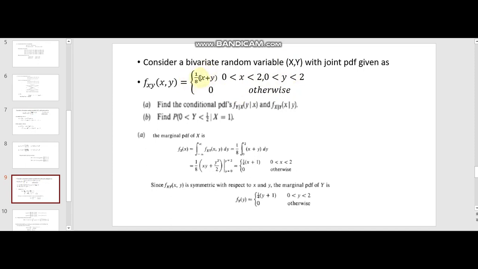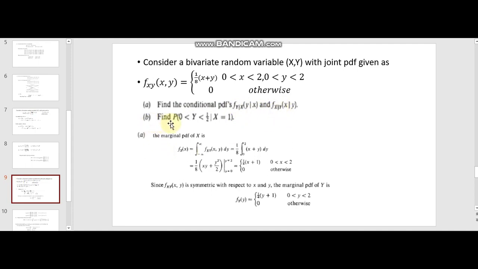It is equal to 0 otherwise. Find the conditional PDF of y given x and the conditional PDF of x given y.